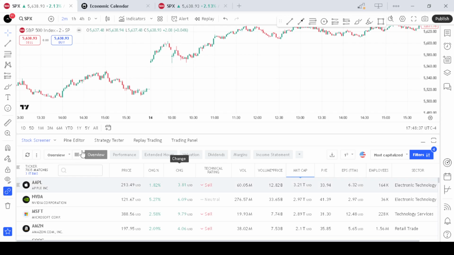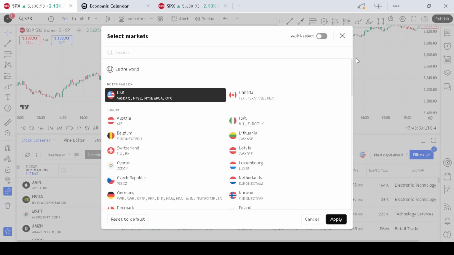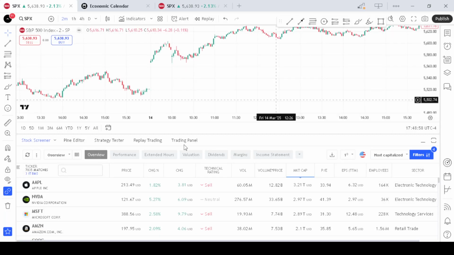You can customize your search using over 168 different criteria, ranging from basic metrics like price and volume to more advanced indicators like the RSI, EMA and the VWAP.